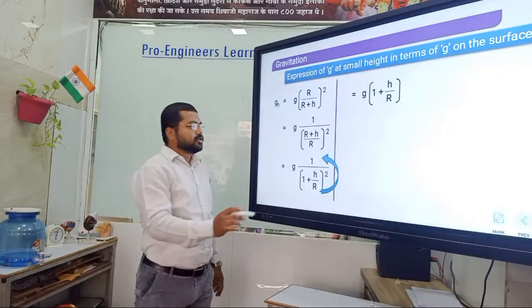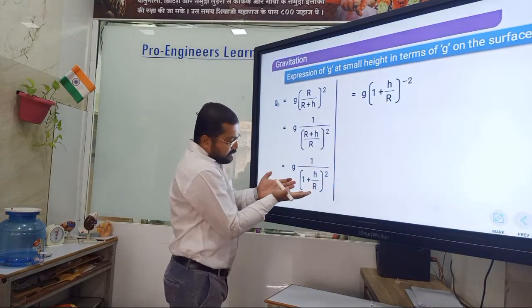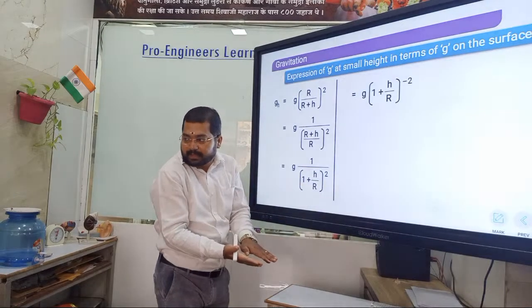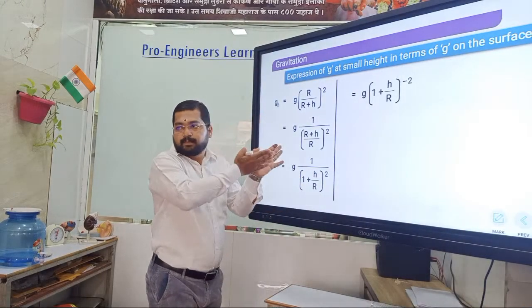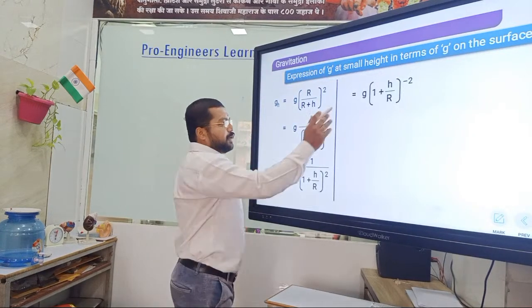Yes. Right? So we'll go further calculating that this raised to 2, once it goes from the denominator to the numerator, became minus 2. Value is same.